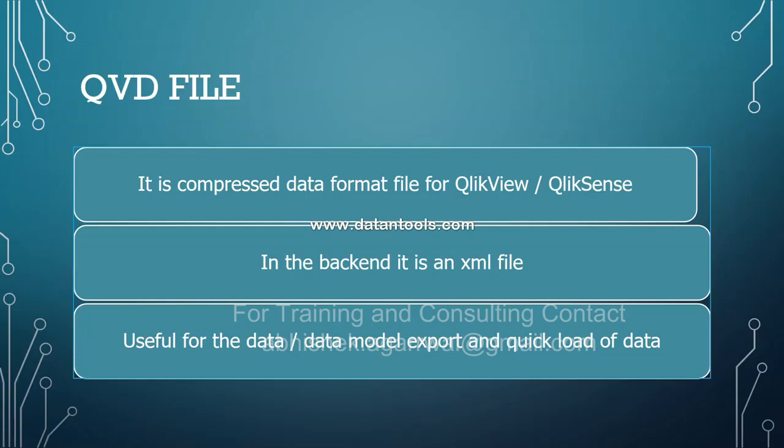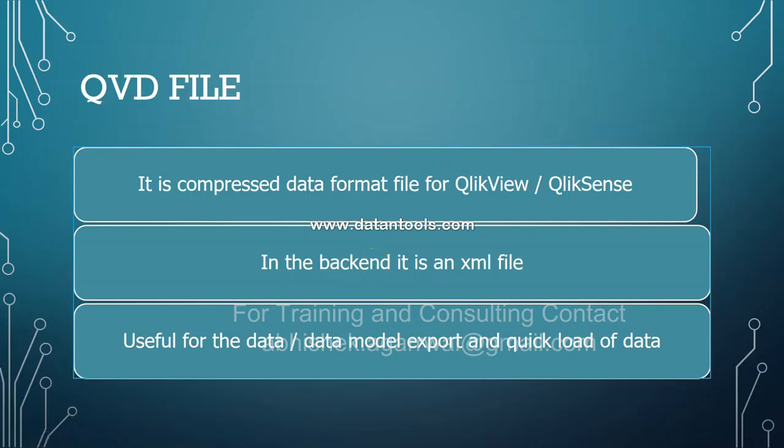Now the benefit is that it is compressed data, and Qlik claims that it can compress the data up to 90%. One of the reasons that it can compress the data up to 80 or 90% is because of its structure, because in the backend, as I mentioned, it is an XML file.